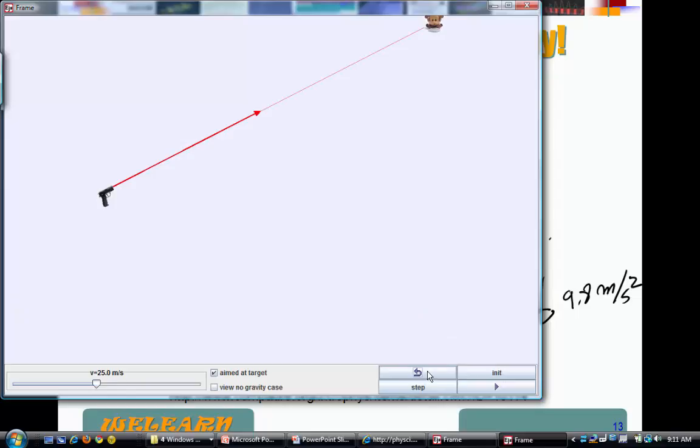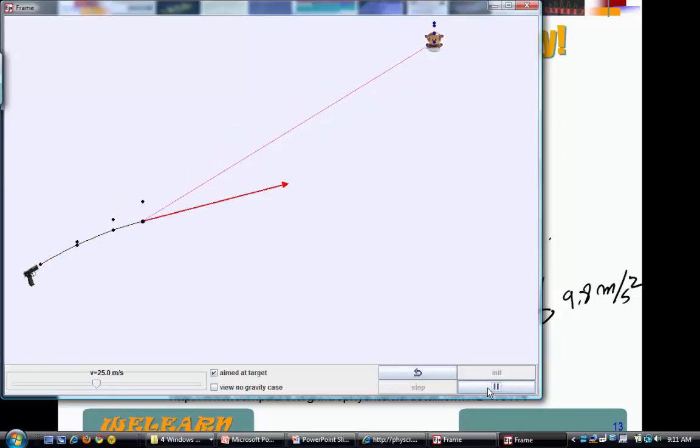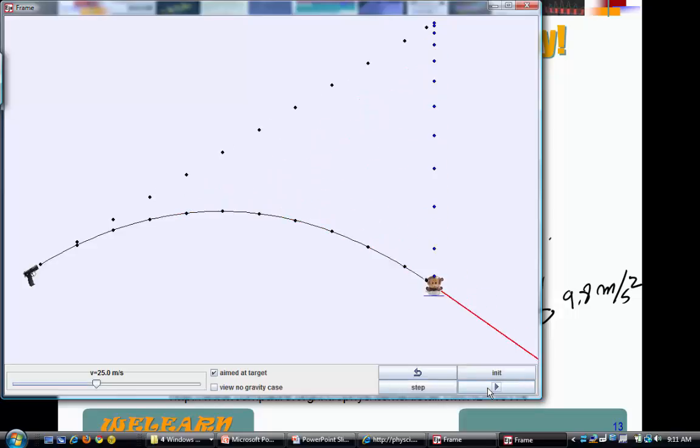Now, let's run that so you can see it showing the paths. This is the drop.